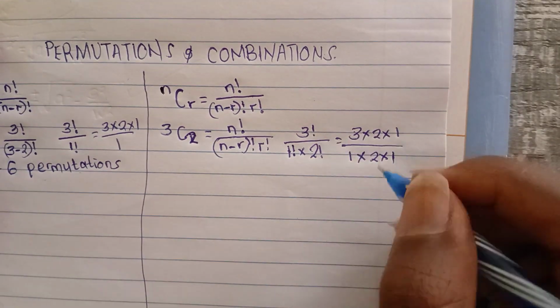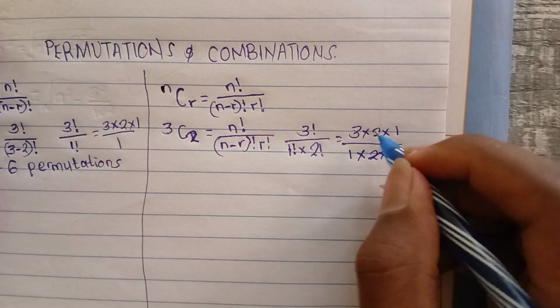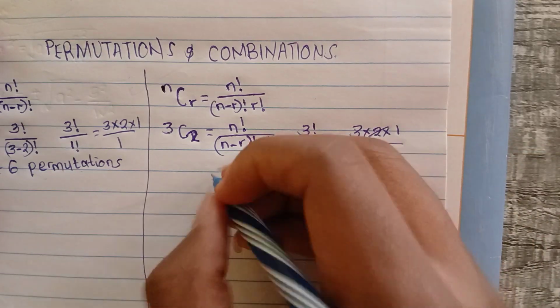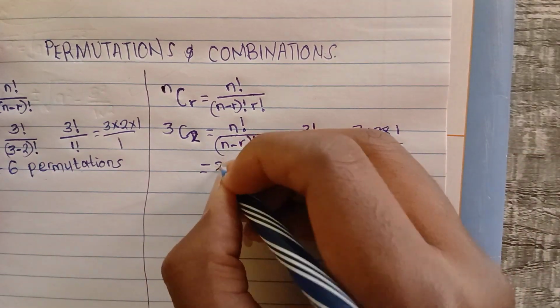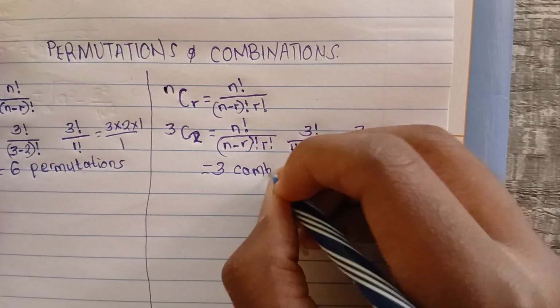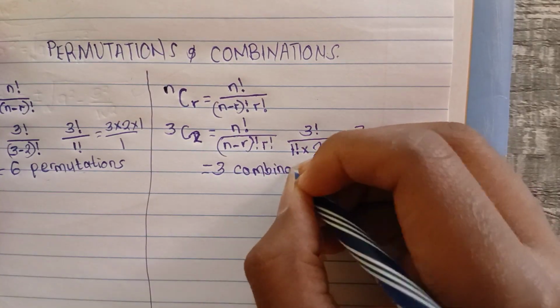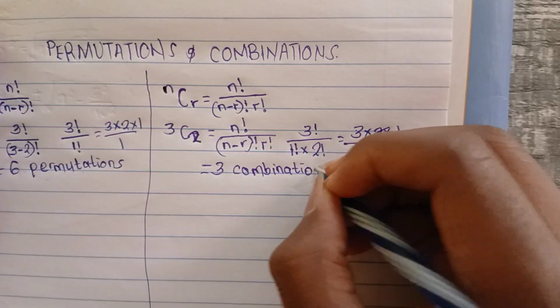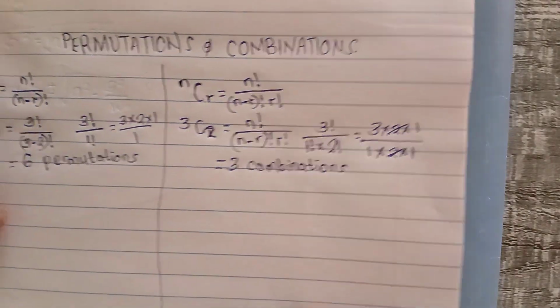Like that, learner. So you cancel this and this, you're left with 3. So the answer is 3 combinations.